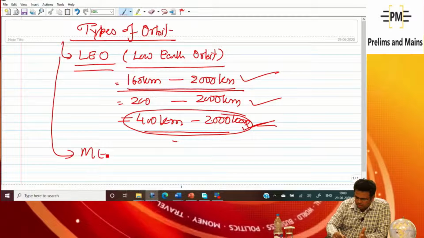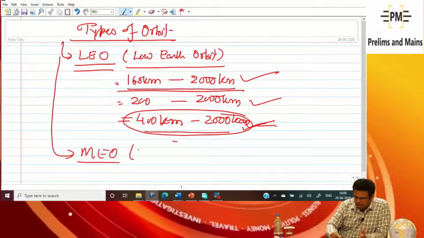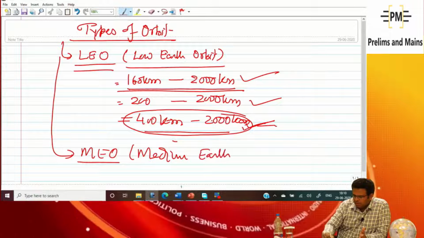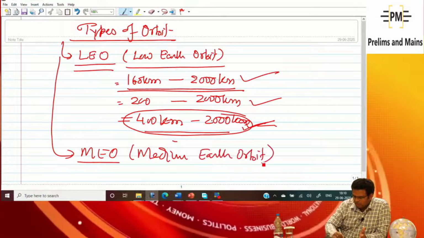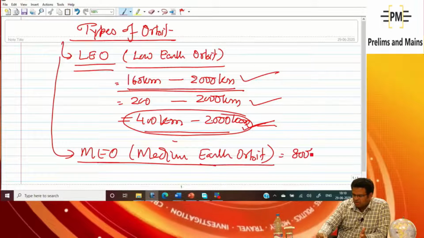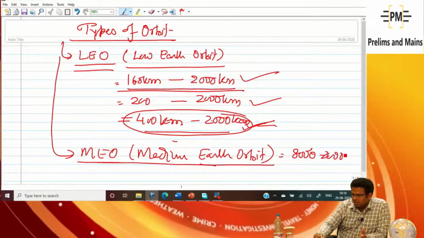Another one is MEO, medium Earth orbit, and it is from 8,000 to 20,000 kilometer.